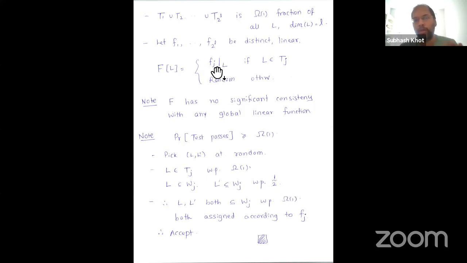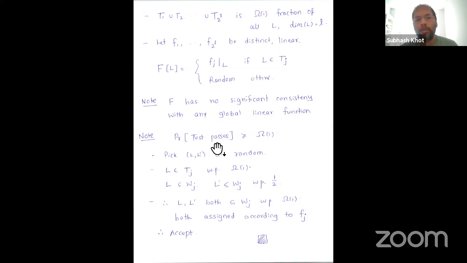So I have subspaces partitioned into different groups T1, T2, and so on, and then I use a different global linear function for each group. That's my table capital F. And then this has no significant consistency with any global linear function, because I use different linear functions for different pieces or groups.